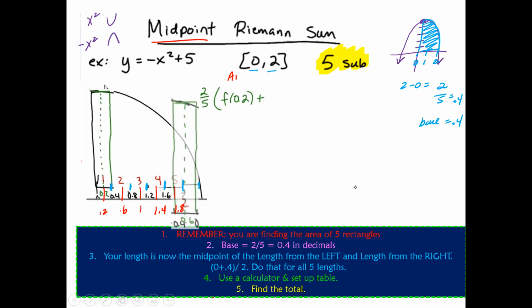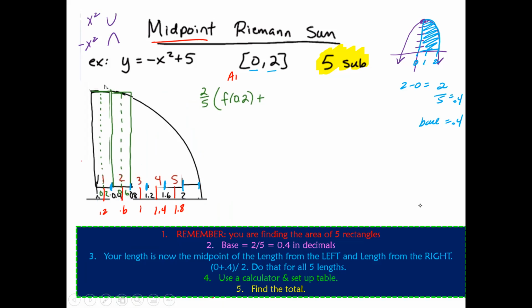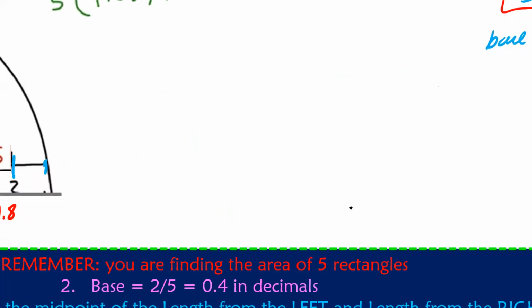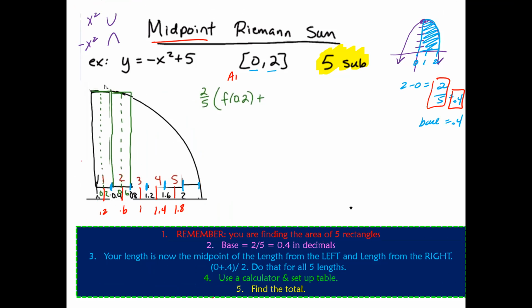Then for your second rectangle, there's your second rectangle. Your base is still 0.4, so I just put 2 over 5 because remember 2 over 5 is the same thing as 0.4. We're just going to multiply it to all of them here, all 5 rectangles. Your height in this case is going to be the middle, which is 0.6. So f of 0.6. And then let's take a look at the third rectangle, which is right there. The midpoint of the rectangle is 1, so your height will be f of 1.